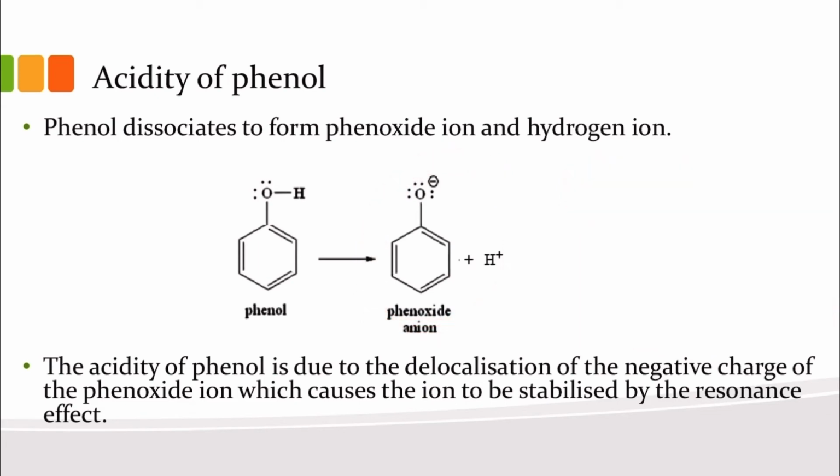So the acidity of phenol is due to the delocalization of the negative charge of the phenoxide ion, which causes the ion to be stabilized by the resonance effect. How? Let's take a look at the next slides.